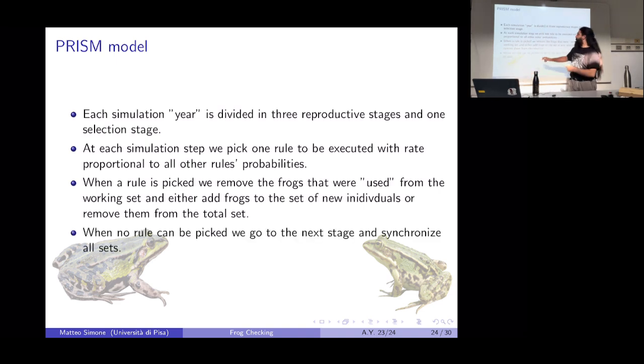When no more rules can be applied, we go to the next stage by synchronizing the sets, so the juvenile set, the new set, is added to the total set, and then the working set is just refreshed to be the total frog set.